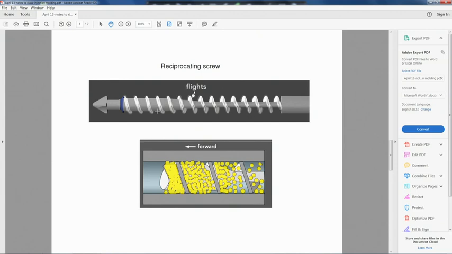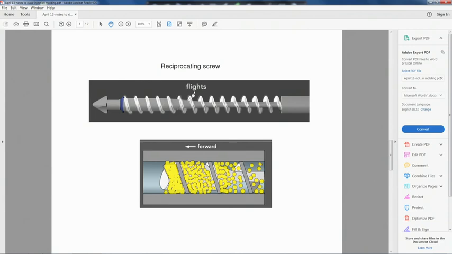The presence of these flights means that the plastic will fill up only the region around the shaft. This is the shaft of the screw. So the plastic fills up the region around the shaft, and there is no cooler central region, unlike your normal piston system. That way you can avoid the problem of heating near the wall and cooling down towards the center of the barrel.